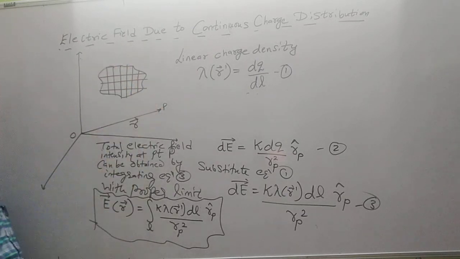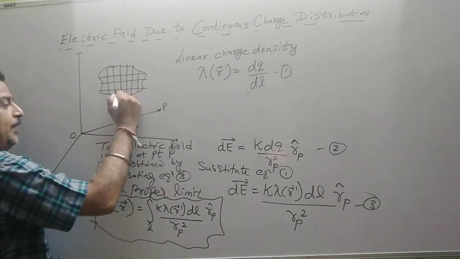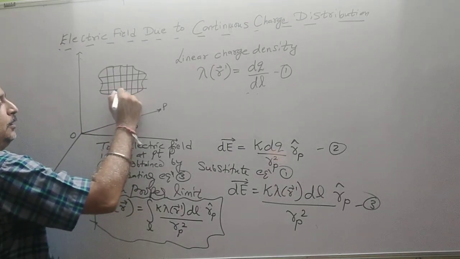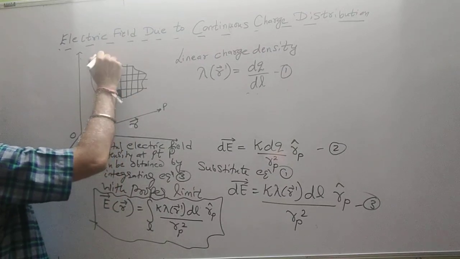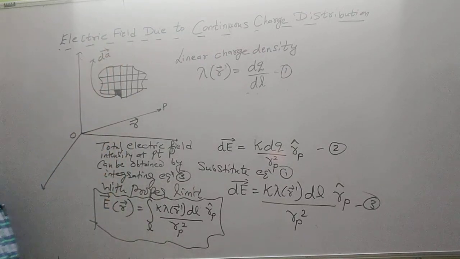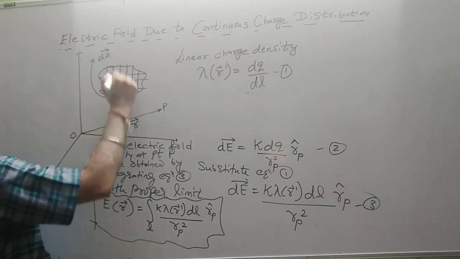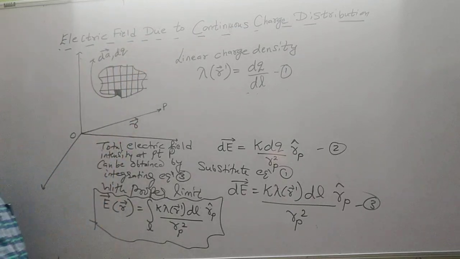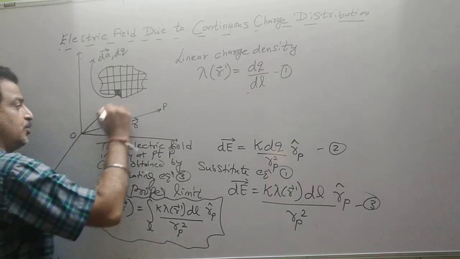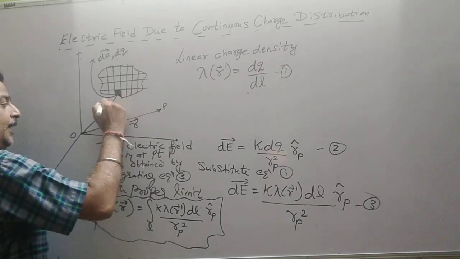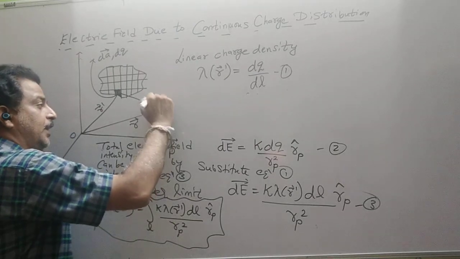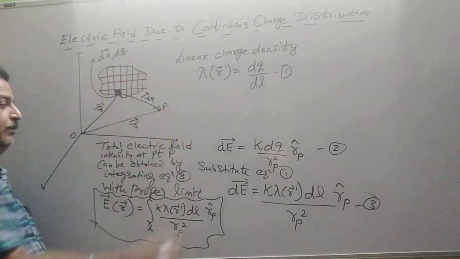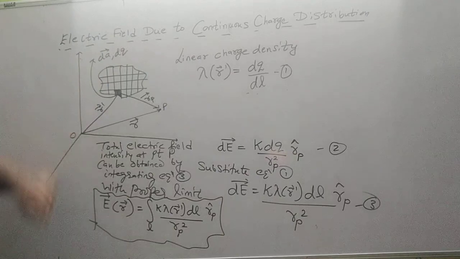Suppose I consider this element. This element will be referred to as dA vector, area element, and the charge on it is dq, and again its position vector is, say, r dash. Now I join this and name it rp vector, only the figure has changed.